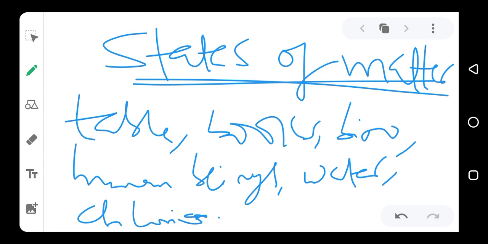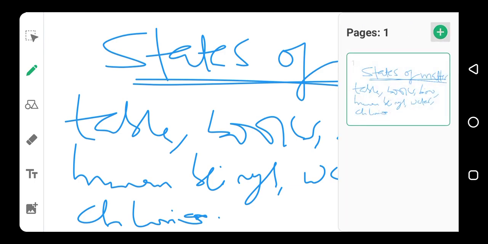Matter is divided into three types. So we have three types of matter. We have solid matter, we have liquid matter, and we have gaseous matter.